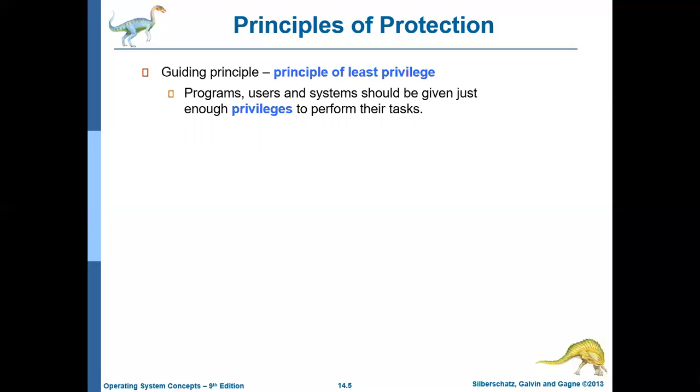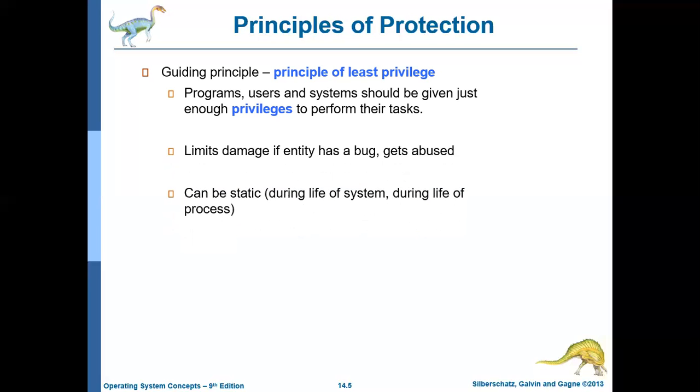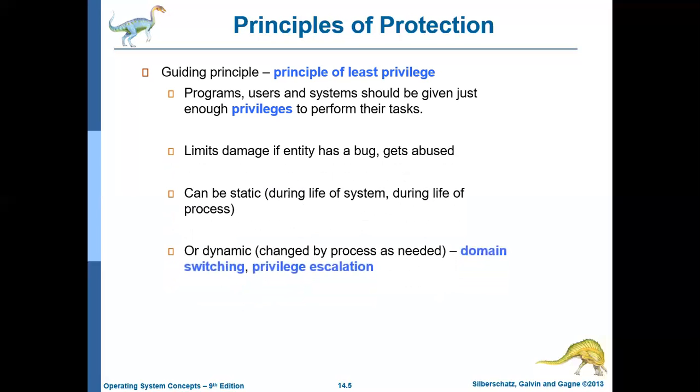But if the user is given only the least privileges, then even if the user performs some wrong operation, the damage that will result will be comparatively less. So one of the core principles of protection is the principle of least privilege. This is to ensure the damage is limited.